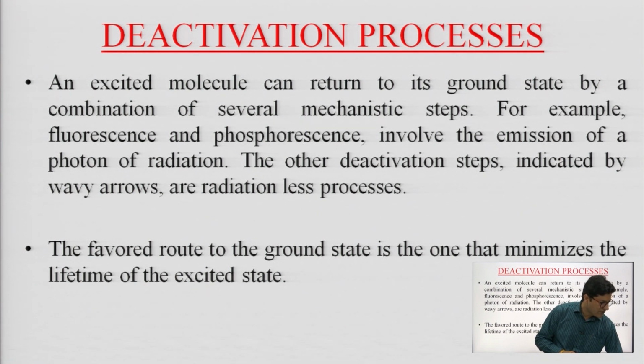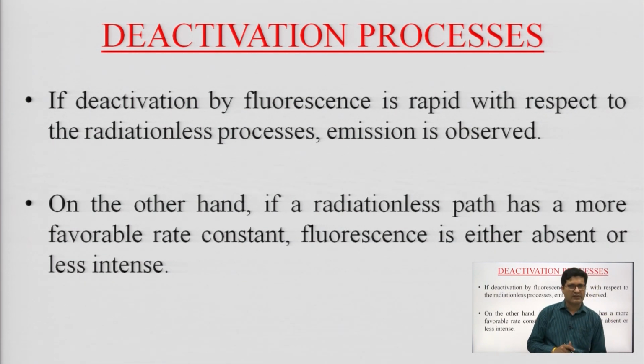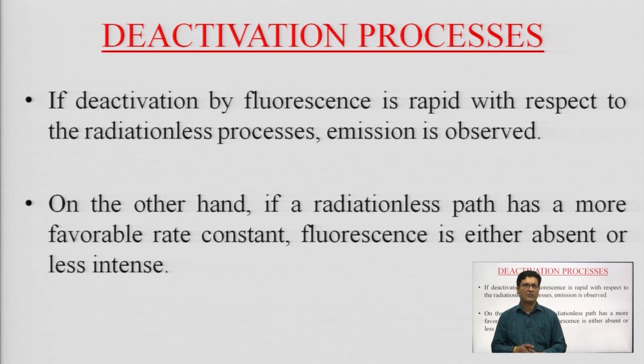So, the process that decreases the lifetime of the excited state would be the more favorable route for deactivation. If deactivation by fluorescence is rapid with respect to the radiationless process, then this would be favored. If the radiationless process takes less time as compared to fluorescence, then that would be favored.